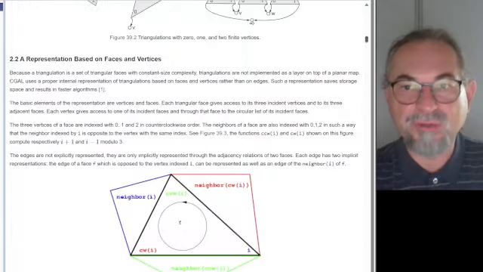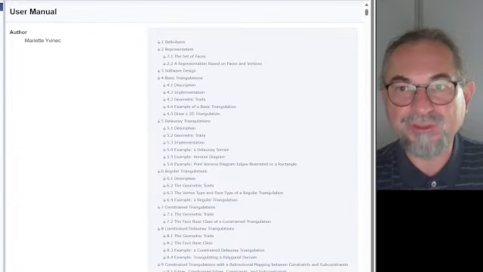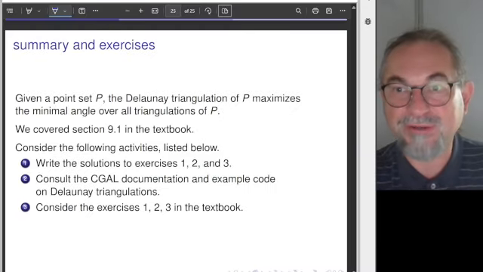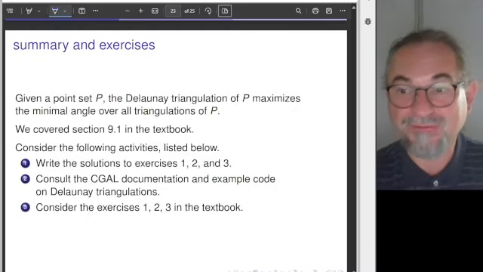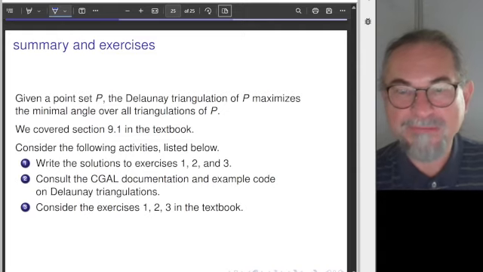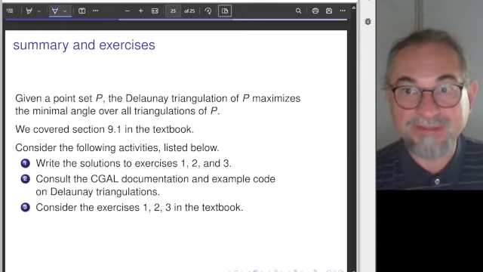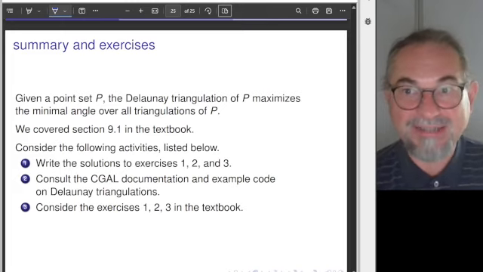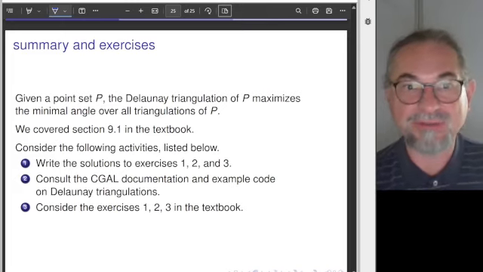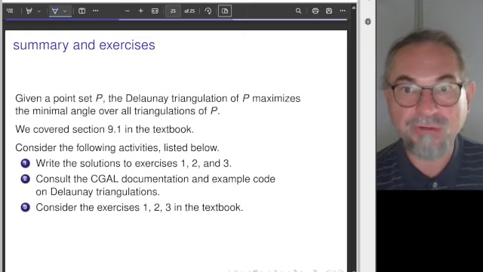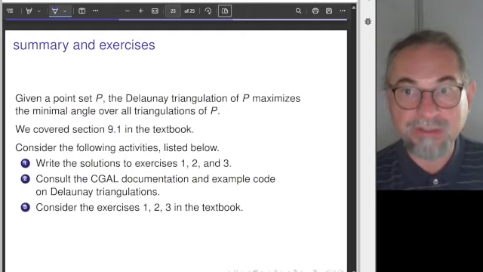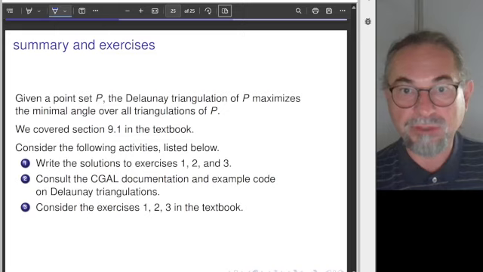Okay, so most likely for a first introduction to Delaunay triangulations, this should suffice. It should be more than enough. And there's still more to go, so we can still spend two lectures on Delaunay triangulations. In the next lecture, we will see the connection with Voronoi diagrams, and we will also see an algorithm.